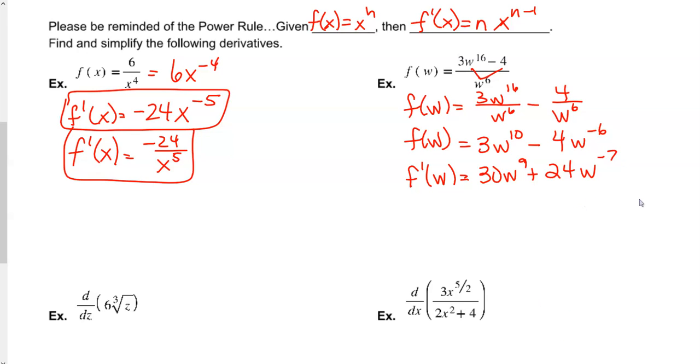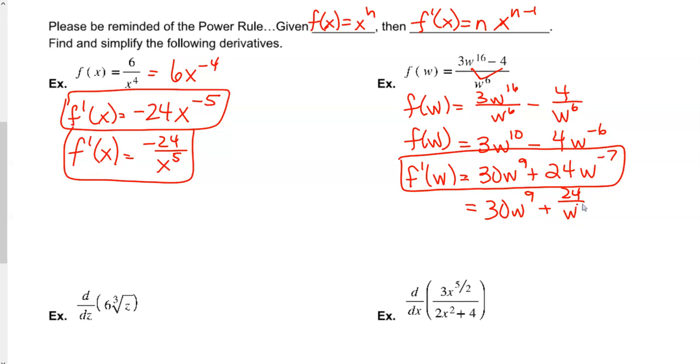And again, this would be an okay answer. If you were typing, it should be equivalent, unless they specify no negative exponents. But you could also rewrite this one, because that doesn't change. I could write this as 24 over w to the 7th, and that also could be a valid answer for that derivative. Okay? All right, very good.